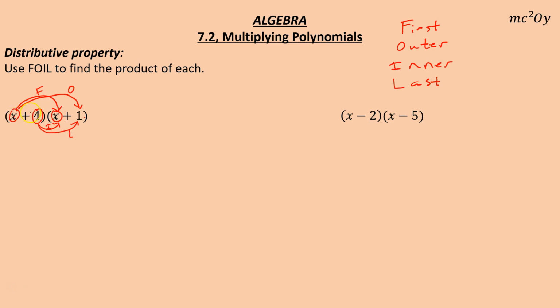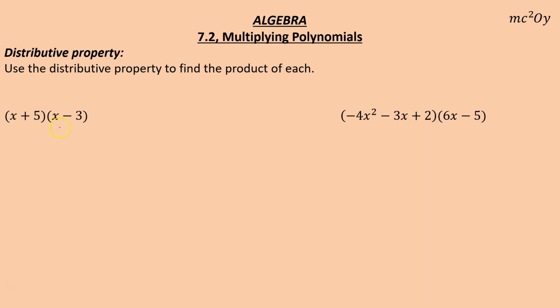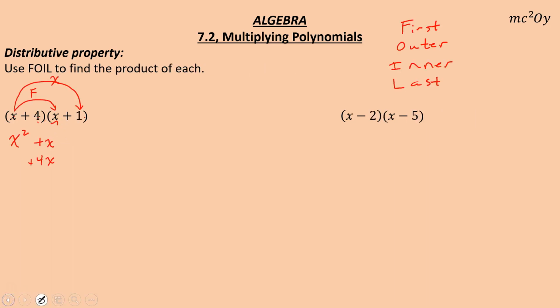So really when I do this, now that I've shown it that way, let me walk you through it here. The first is x squared, x times x. Outer is x times 1, or just 1x. Inner is 4 times x, or 4x, it's positive.